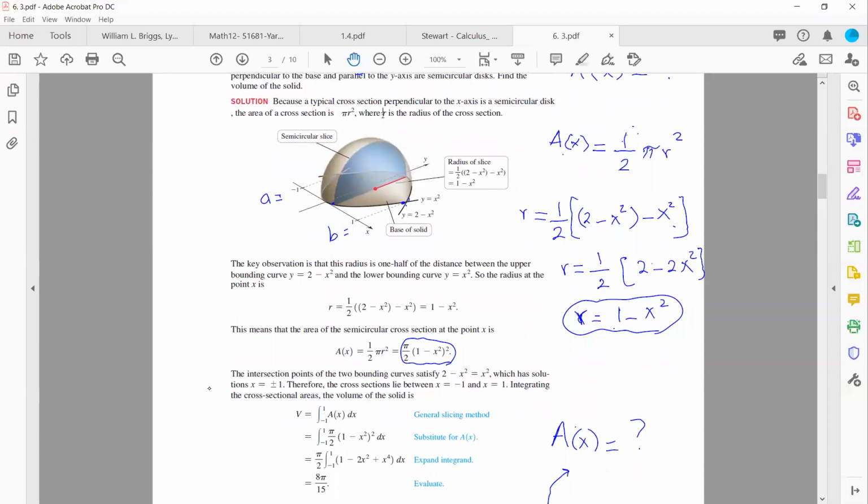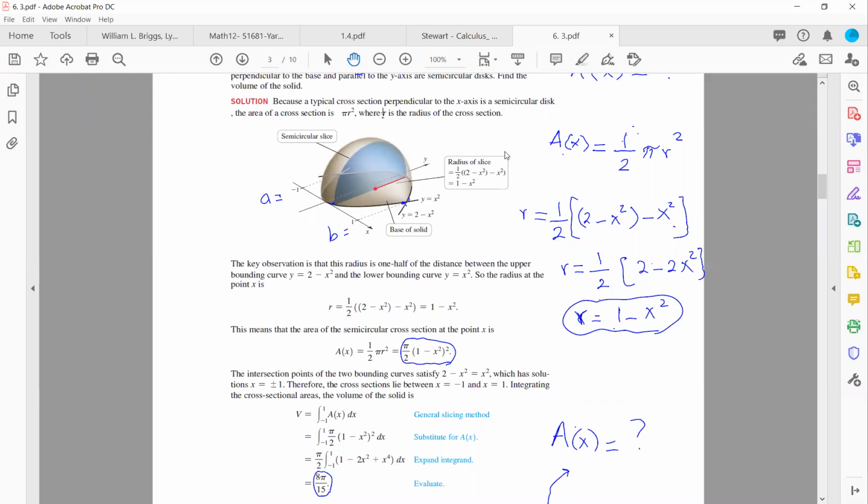Very well, let us write 1 minus x squared in expanded form, then do the algebra. So the volume is equal to 8 pi over 15. Guys, again, for the radius, why did we multiply by a half?